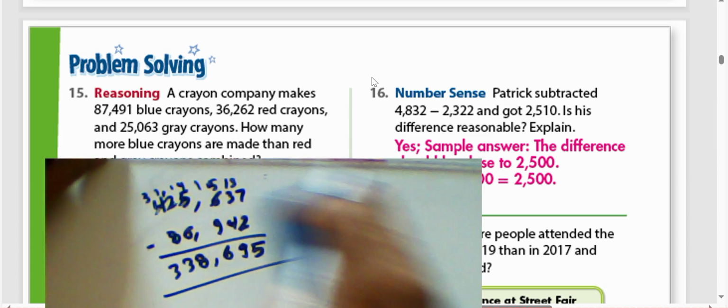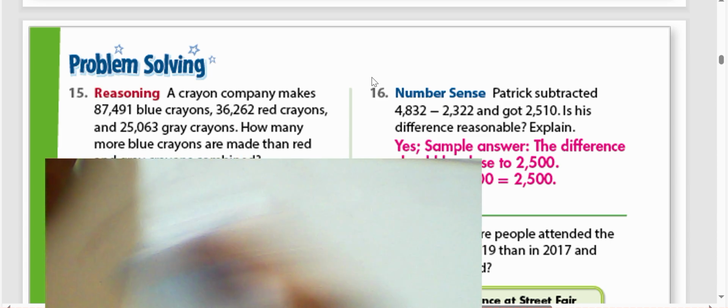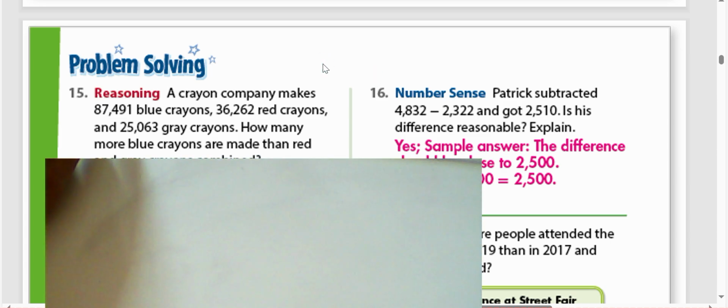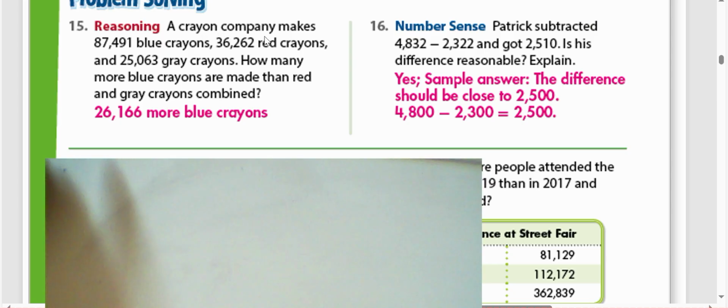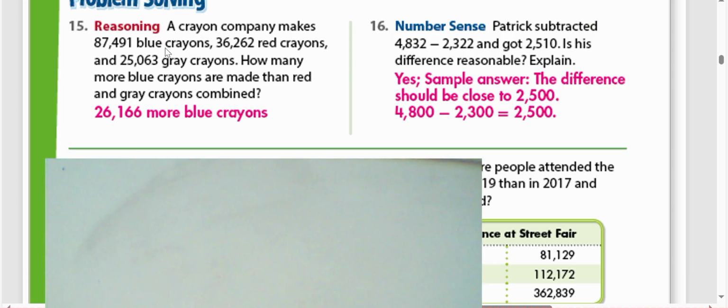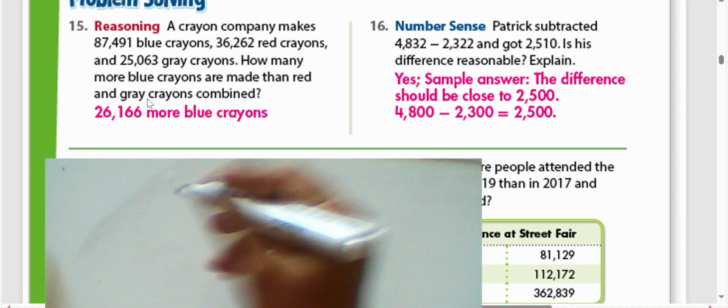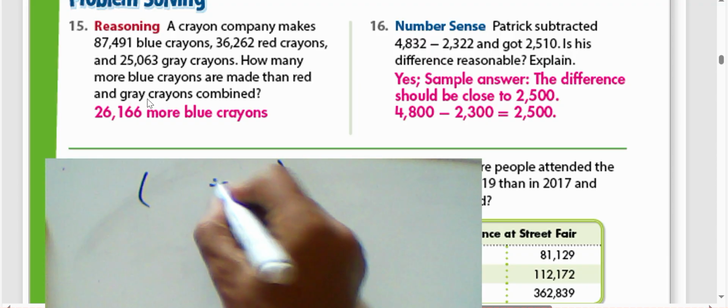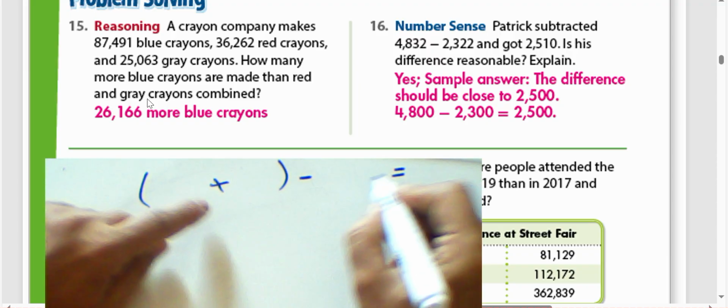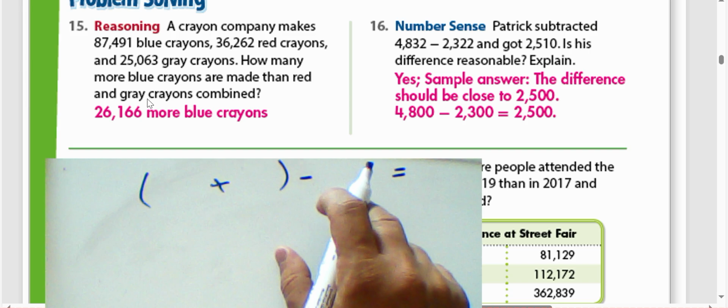What is the problem here? What do you want to find here? This example tells us a carrier company makes 87,481 blue carriers, 36,262 red carriers, and 25,063 gray carriers. How many more blue carriers are made than red and gray? So we must add two numbers, red and gray, and then find the difference from blue.